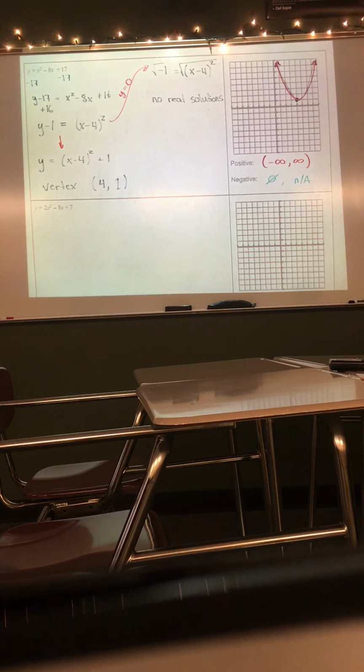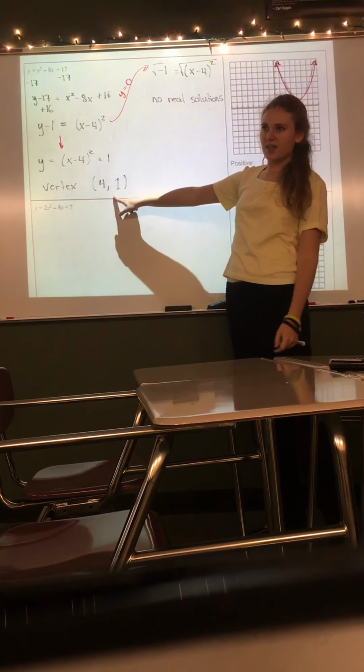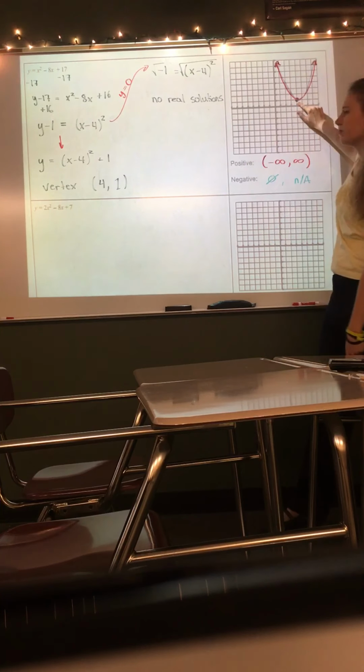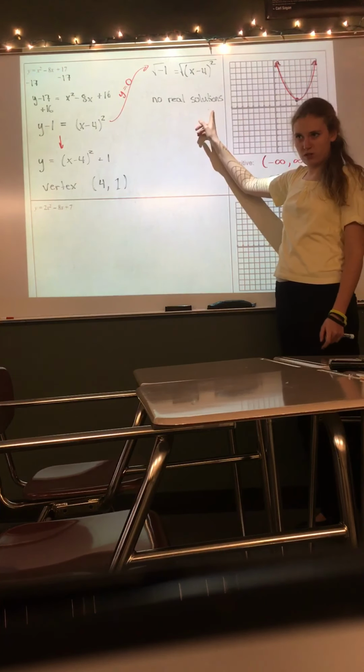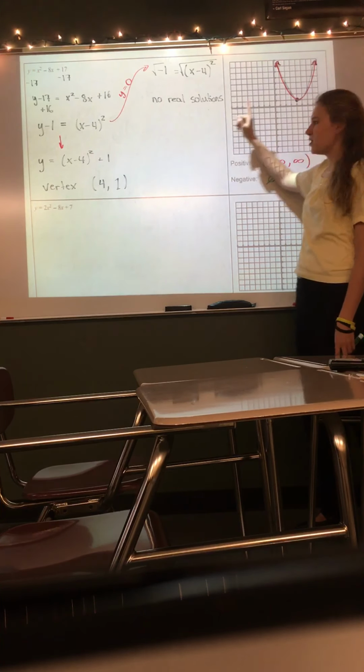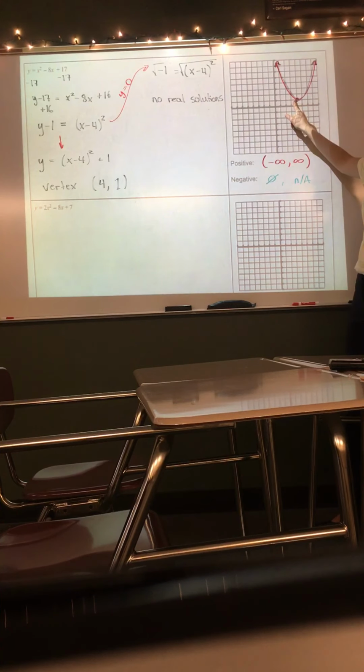I'm confused of how you can even graph that. Okay? So you know the vertex is here at 4, 1. Right? And we also know that it has no real solutions, which means it never crosses the x-axis.